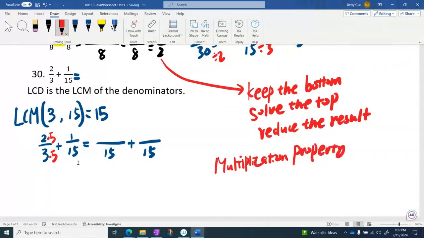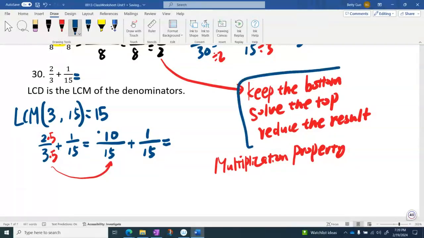Multiplication property of fractions allow us to multiply both the numerator and the denominator by the same non-zero number for a fraction without changing the value of the fraction. So that's the reason we could multiply numerator and denominator by 5 in order to make the denominator become 15, right? So the numerator become 10.